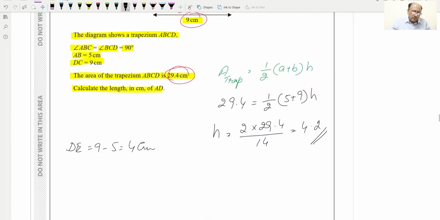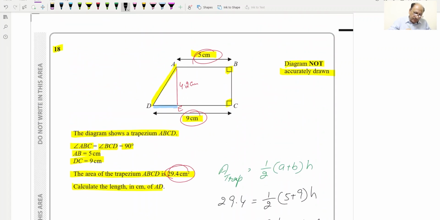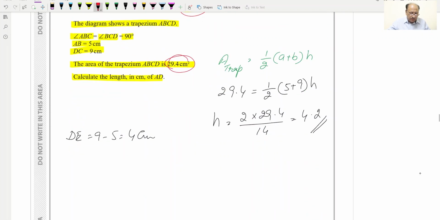Now in triangle ADE, which is this shaded triangle, we can apply the Pythagoras theorem.